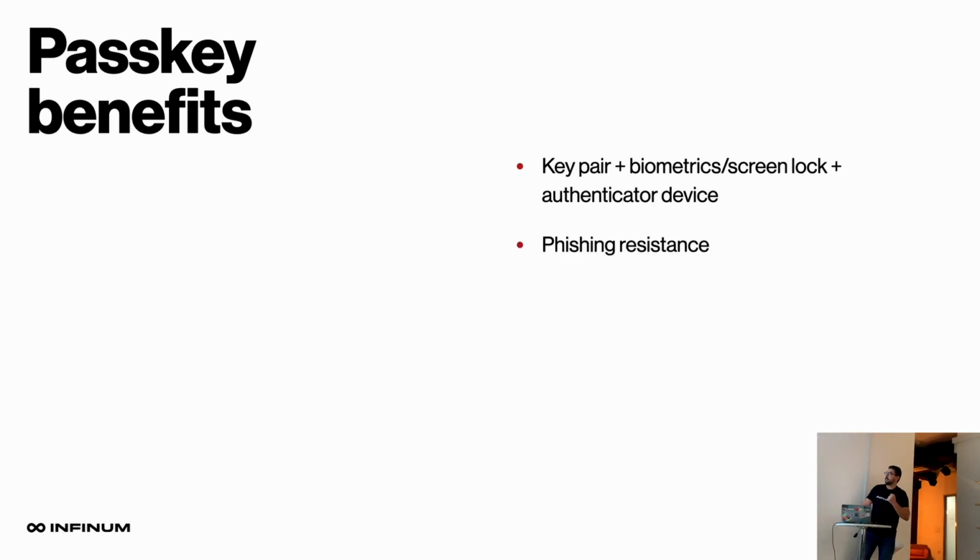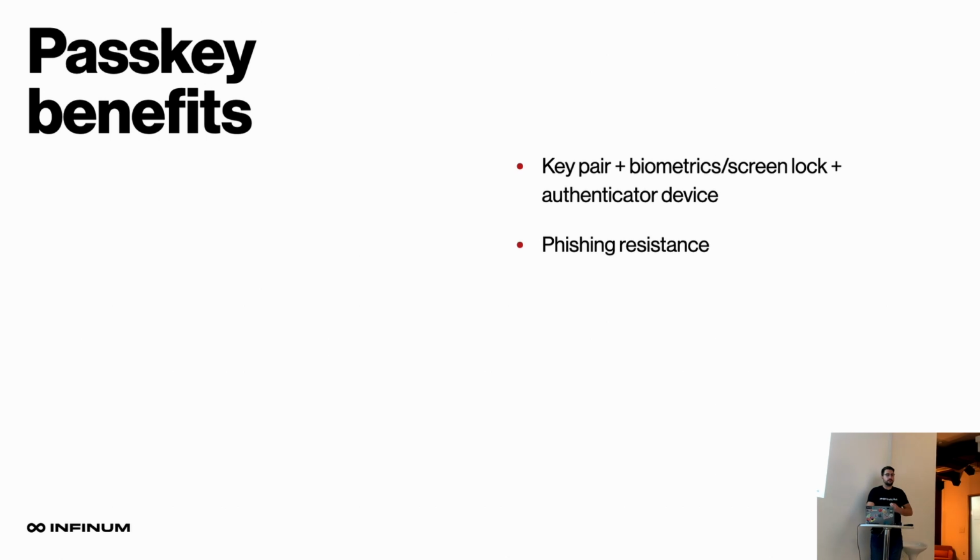Secondly, it's resistant to phishing. Why? Because if you remember the initial coloring book, you have the public and the private key. The only thing that is available to the public is the public key, and that's being stored on a server for your Facebook account or something like that. The private key never leaves the device that it has been registered at.